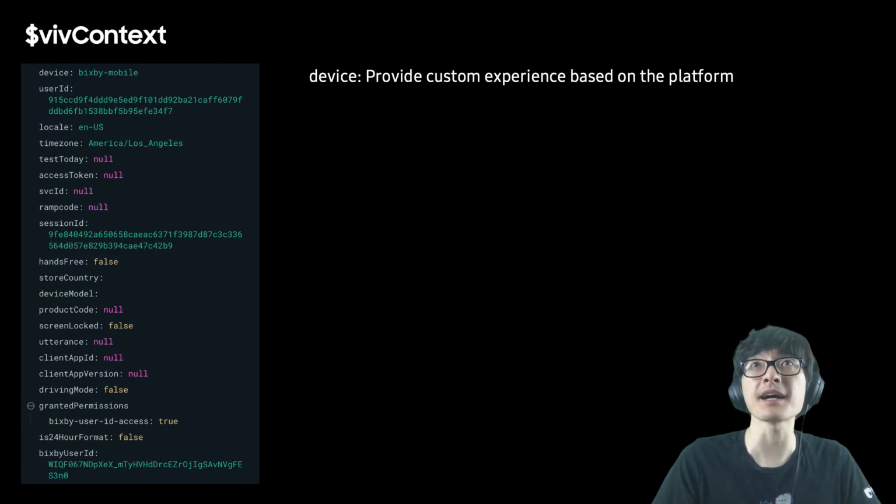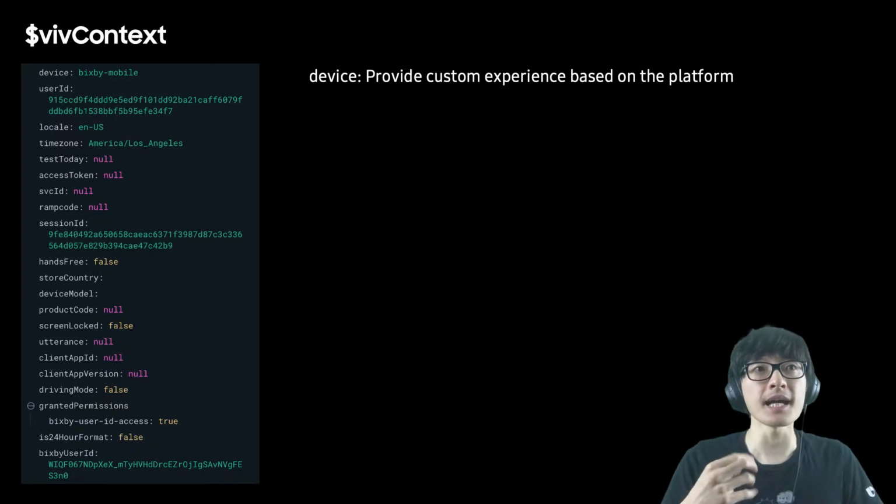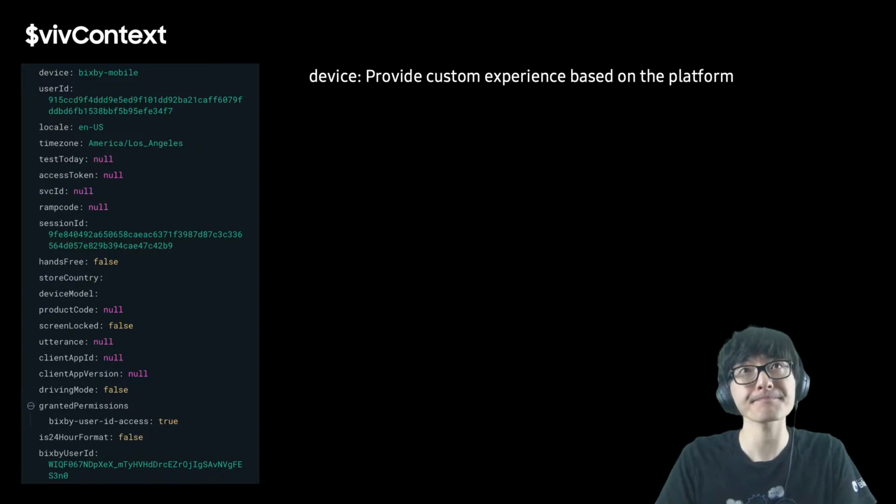And this way you can provide a custom experience or different amounts of information based on the device that the user is on. And also, before I move on to the next keys, a lot of people like sending this Viv Context object to their analytics or whatever. That way they have a lot of information about their users. So that's one thing that we see people use Viv Context for regularly.